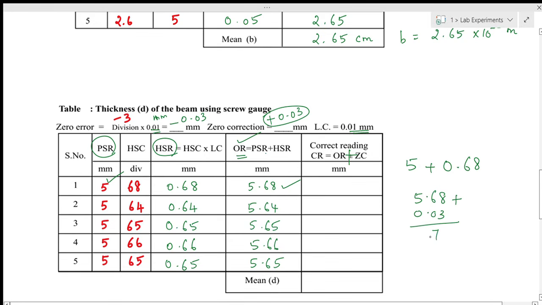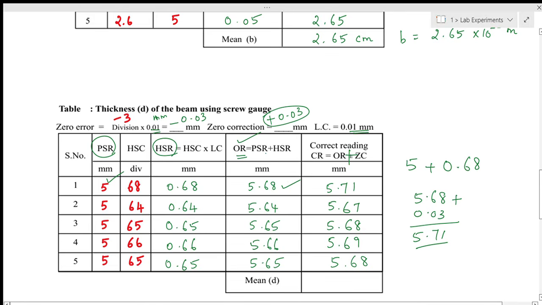So it is 5.71. In a similar way here also, 5.64 plus 0.03, I get 5.67. 5.65 plus 0.03, I get 5.68. 5.66 plus 0.03, I get 5.69, 5.68.